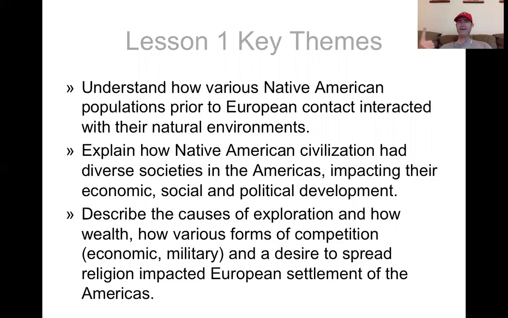How does this idea of wealth, metals, gold, silver, resources, how does that lead to military competition, the idea of economic competition, and a desire to also spread religion, Christianity and other forms of that, particularly into the New World? And how does that create competition and even rivalry, you could argue, between some of these countries?